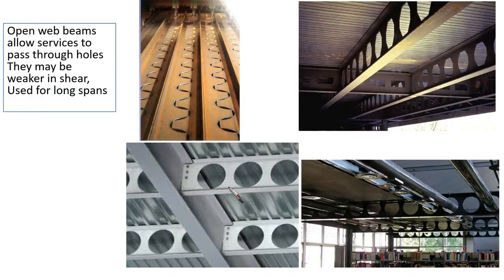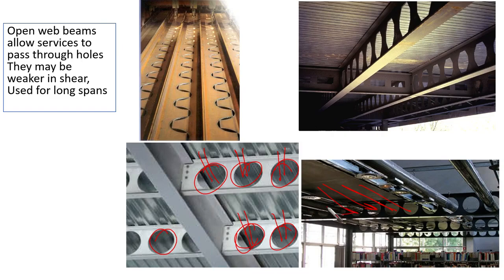Sometimes we can find open web beams, as you can see here, with very large circular hollows. This is first of all to reduce the amount of steel, and it is also good for allowing services to pass through the holes, like HVAC or cable trays.